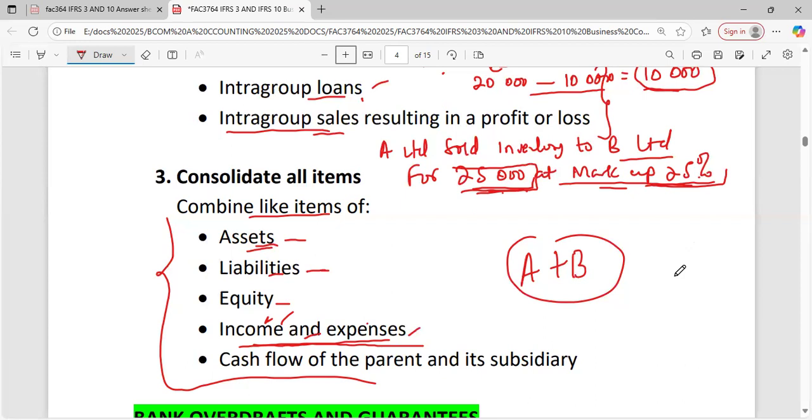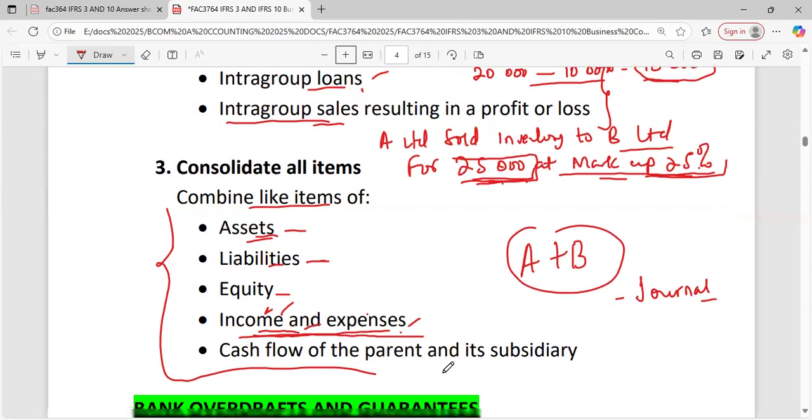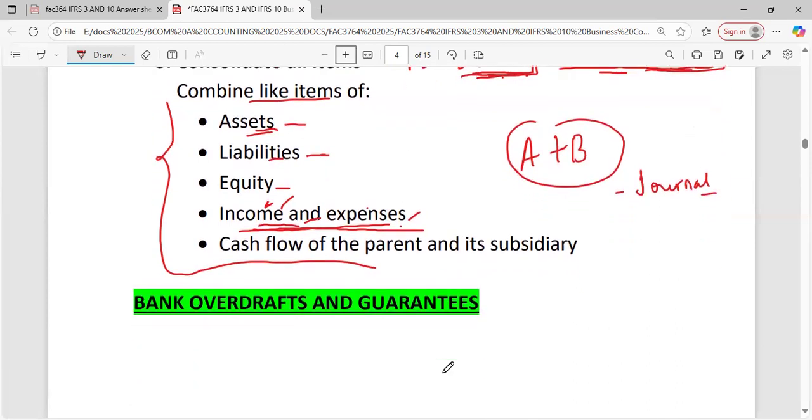Because in your consolidation, journal entries are part of calculation. So if you are that person who can only understand the consolidation through the journal entries, you can do your calculations through those journals. Then you effect those journals to the group profit and loss account. You'll see when we do the journals, how we do the journal, right?